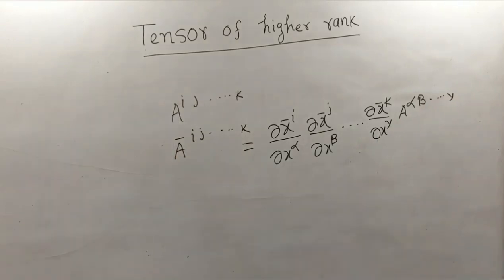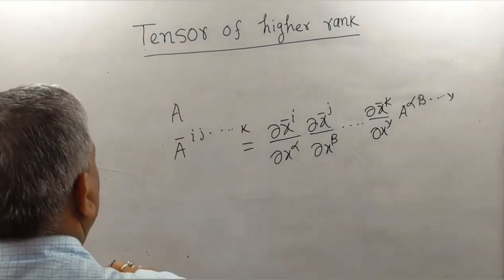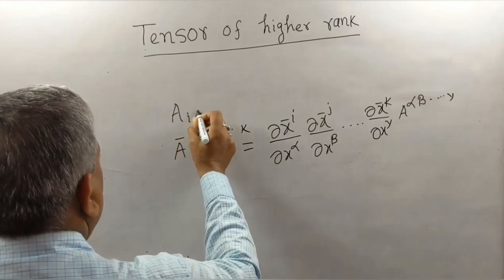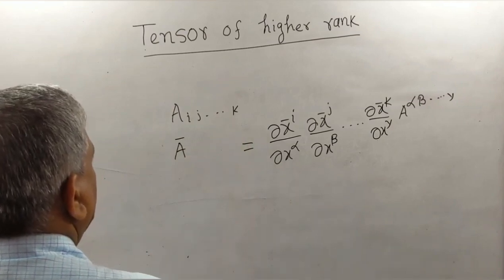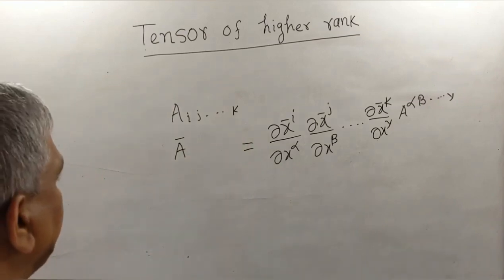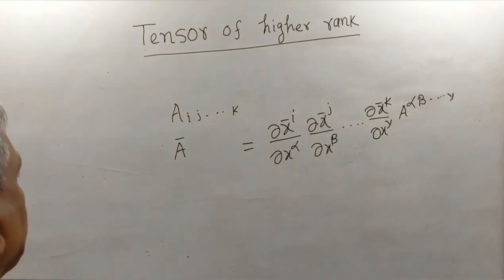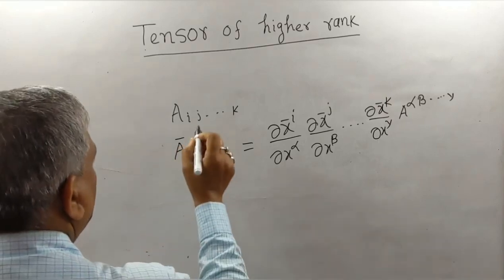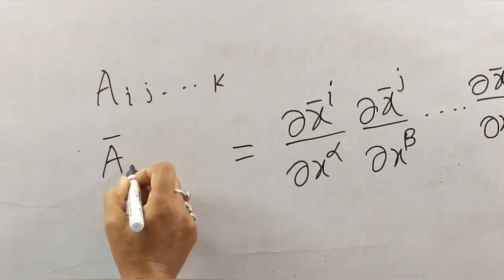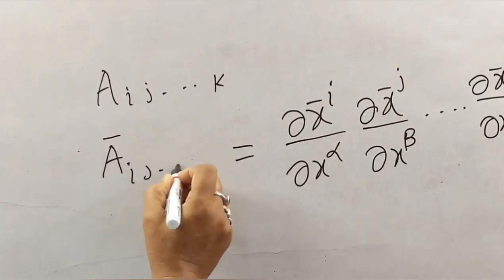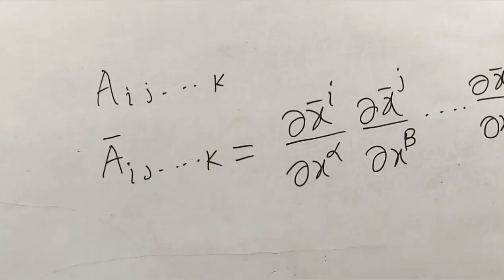Similar to this, we may consider the case for a covariant tensor. Let A_{ij...k} be a covariant tensor in X system of coordinates. Its corresponding value in X bar system of coordinates be A bar ij...k.